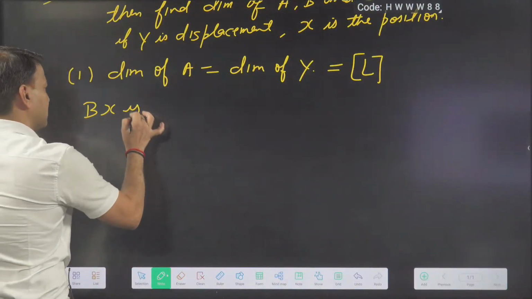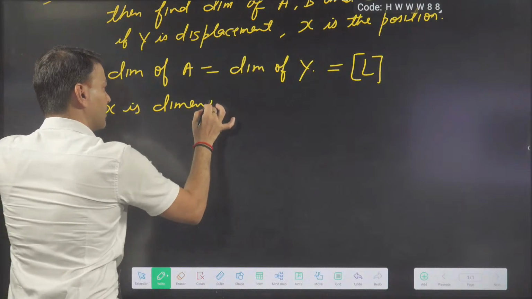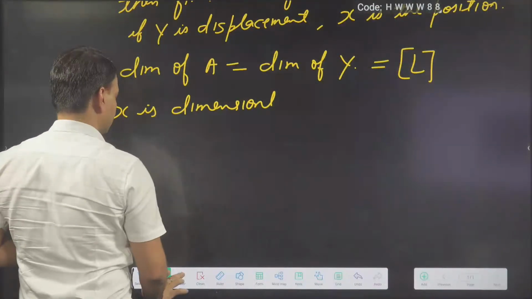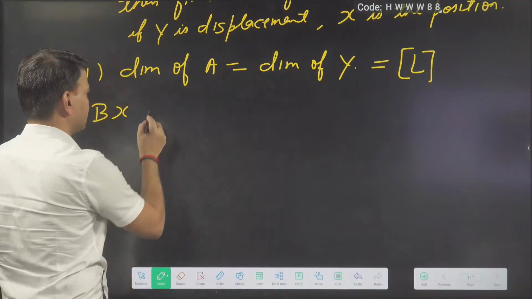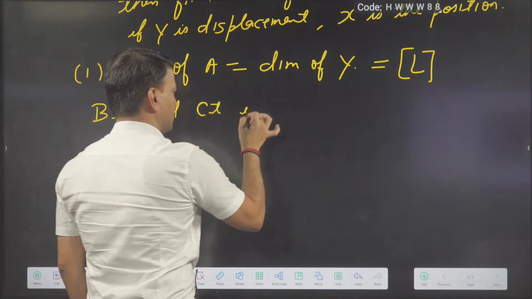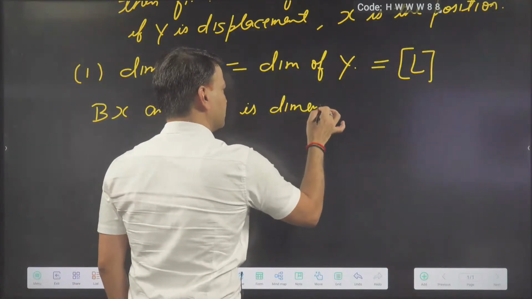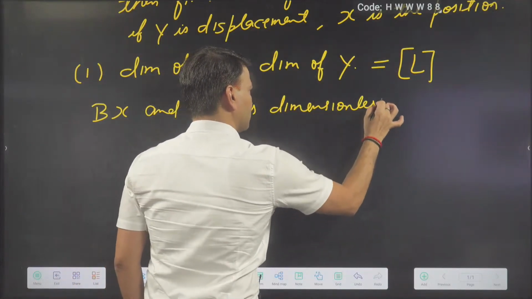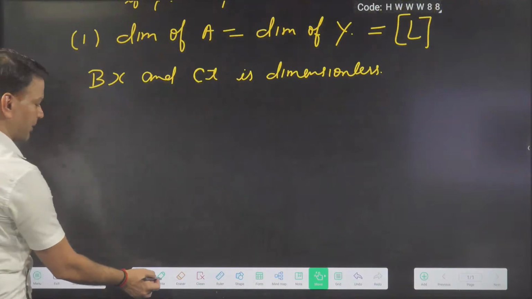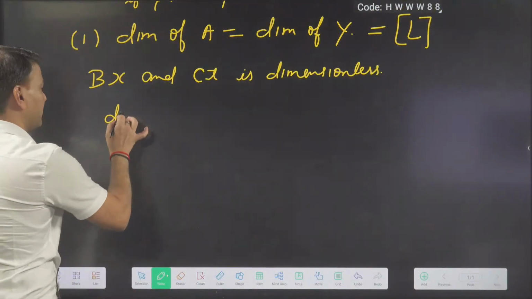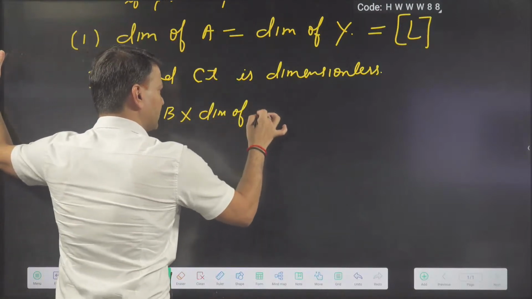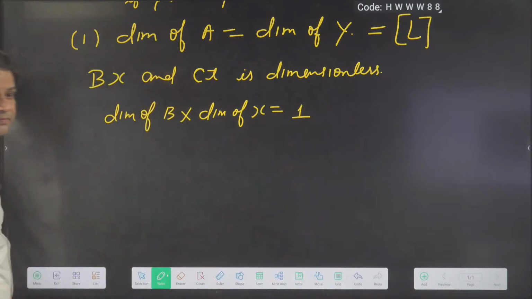bx and ct are dimensionless. Now bx is dimensionless means dimension of B into dimension of x, that I can write as 1.